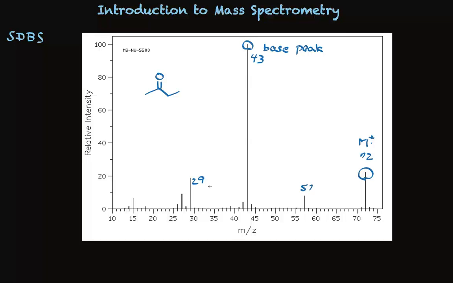And these are the actual mass numbers that correspond to those peaks, which are shown on the horizontal axis. Remember, this is mass to charge formally, but Z equals 1 in the elementary application of mass spectrometry, so it's the masses of these fragments.